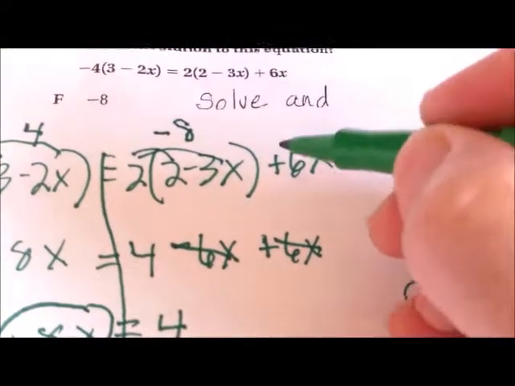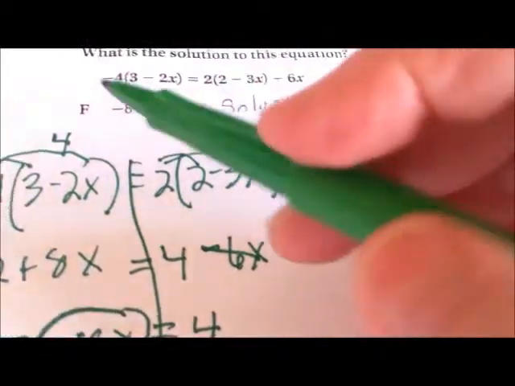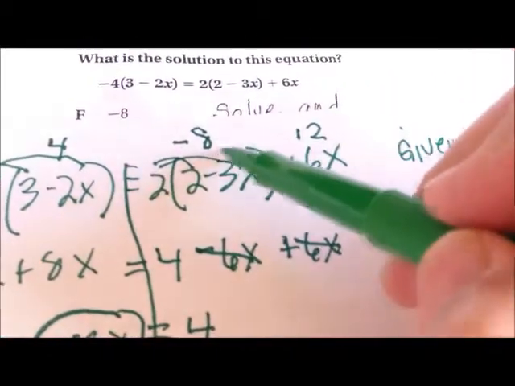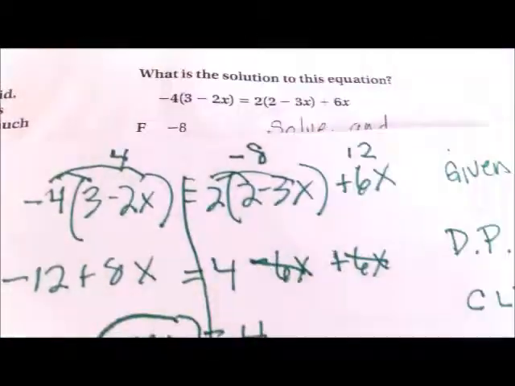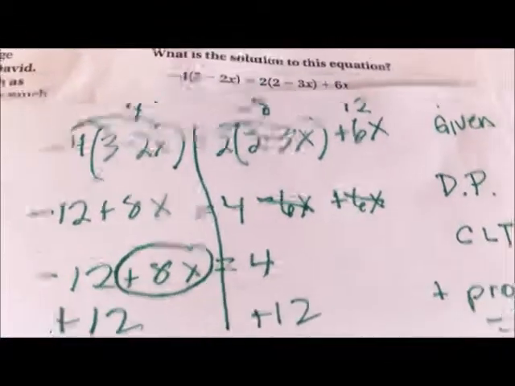And if 6 times 2 is 12, if I combine negative 8 and 12, I get 4. So 4 equals 4. And I've justified it, I solved it, justified it, and I verified it. And I feel pretty good, but that's the answer.